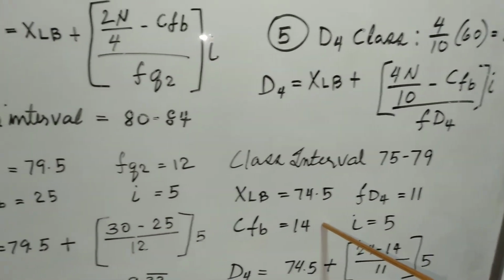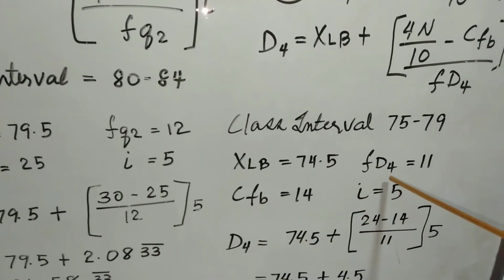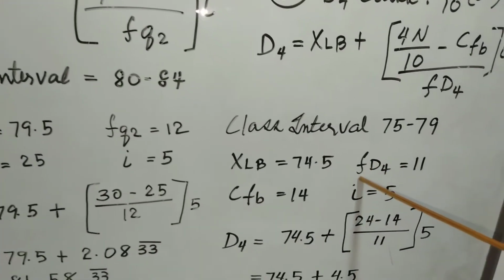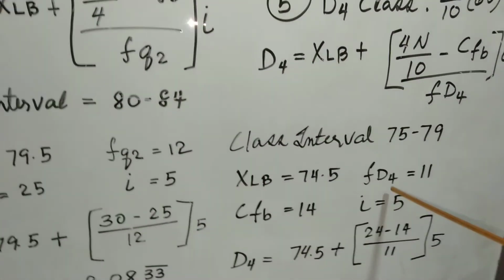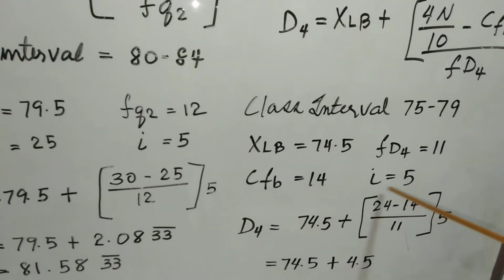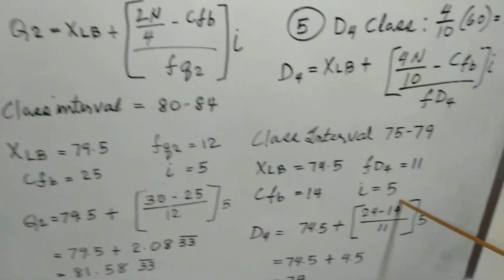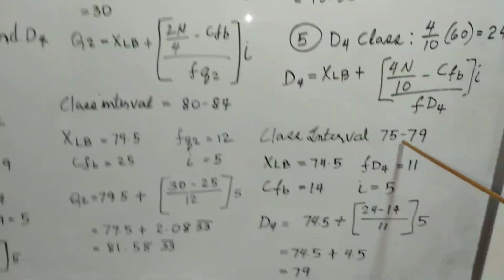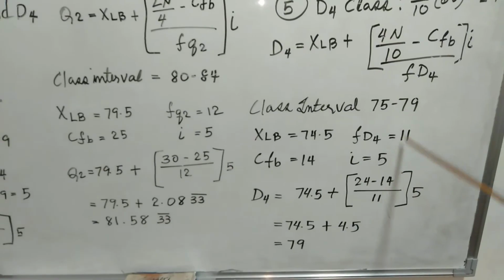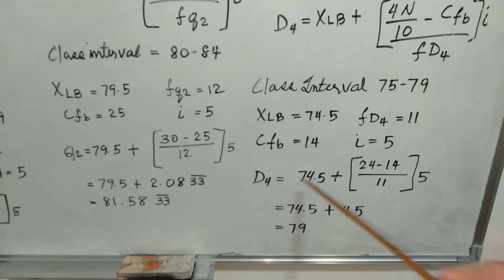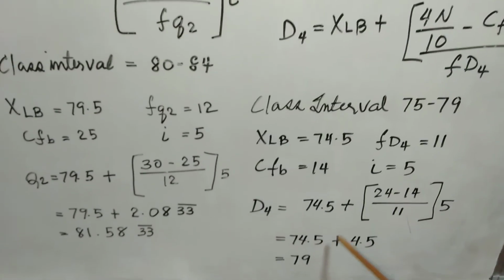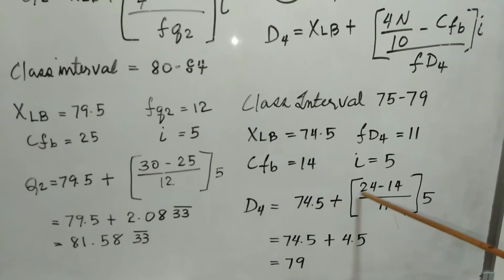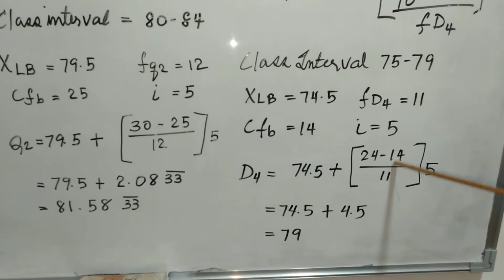And the frequency for the fourth decile is 11. The index is also 5, between 75 to 79. Substituting all these values into the fourth decile formula: 74.5 plus 24 minus 14 over 11, times 5.